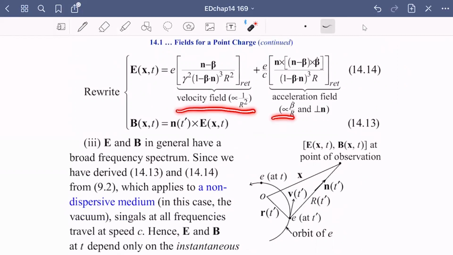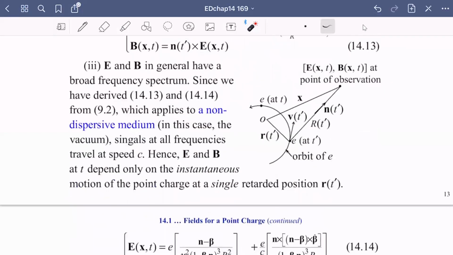Velocity field again, acceleration field again. E and B in general have a broad frequency spectrum. 宽频的哦，不是窄频的哦。因为这个地方 since we have derived these two equations from equation 9.2, which applies to a non-dispersive medium. In this case, the so-called non-dispersive medium is vacuum. 真空, no material inside.